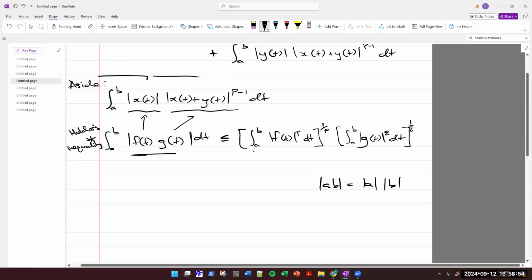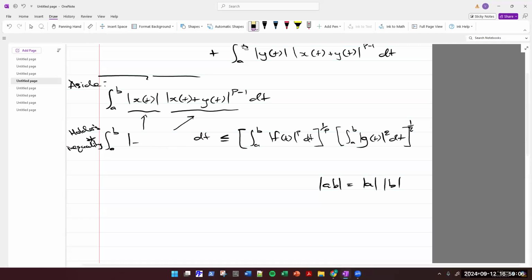So what I have here, instead of the modulus of fg, I could break that up into the modulus of f times the modulus of g. That might make it easier to see. It's the same Holder's inequality, by the way, I'm just breaking it apart. So we can see better what's going on. So that guy is the f and that one is the g.